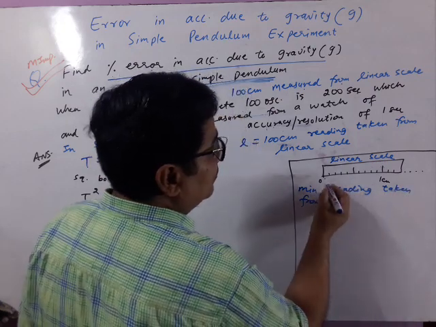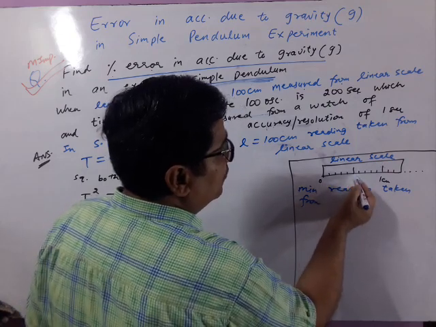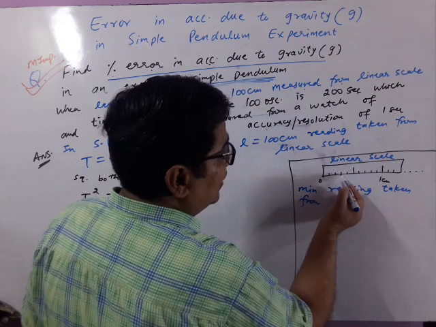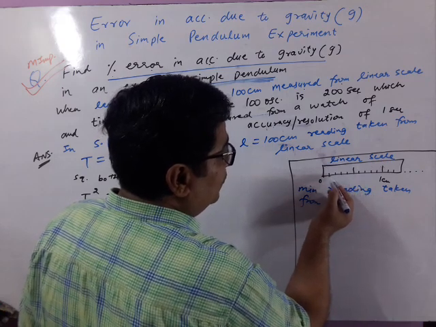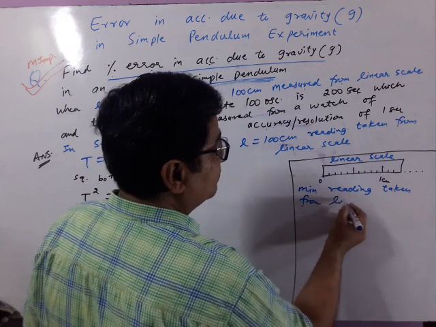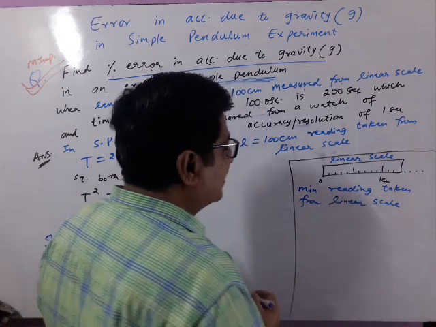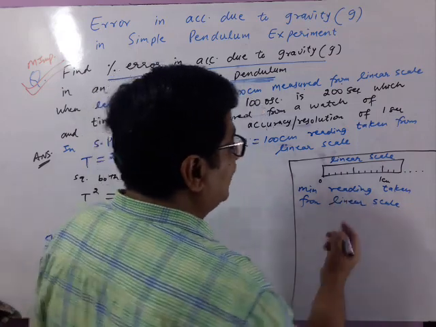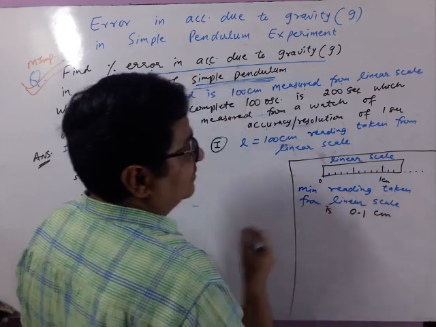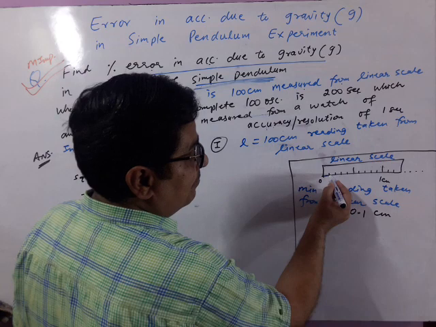सबसे छोटी वैल्यू, the smallest reading. See, this is the reading 0.5. Move in reverse direction. 0.4, 0.3, 0.2 centimeter, 0.1. See, this is the first observation. So first observation or the minimum reading from linear scale is 0.1 centimeter. Focus on this. This one. The first marking on the scale.